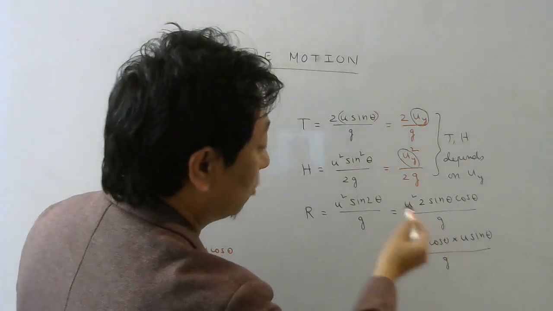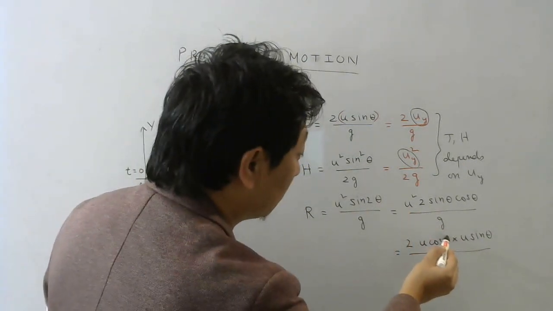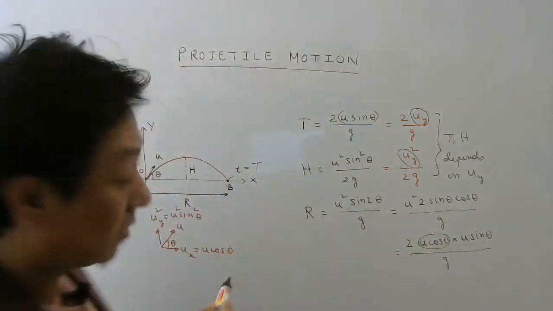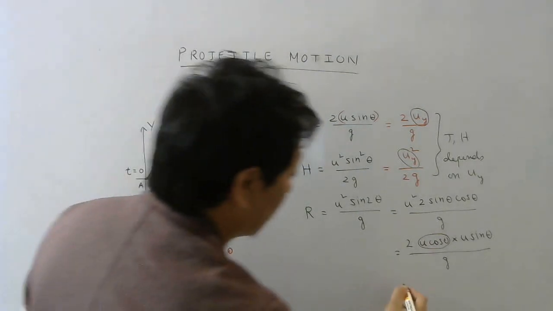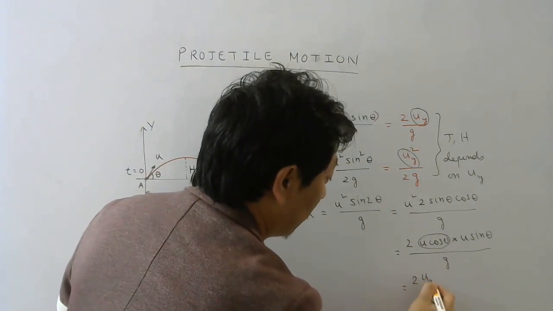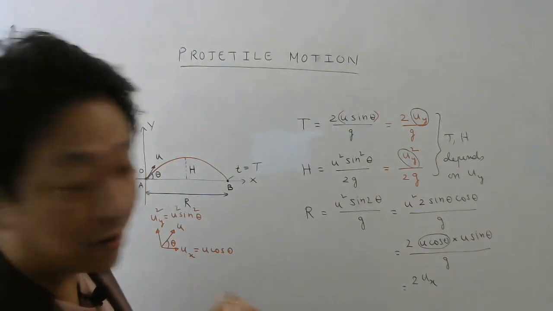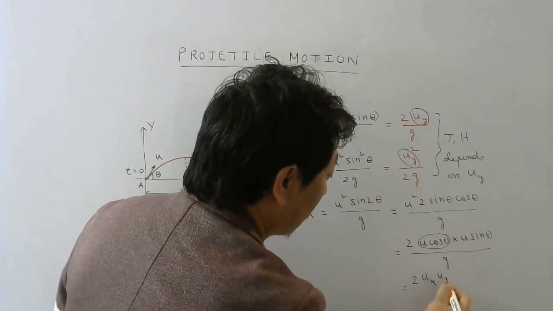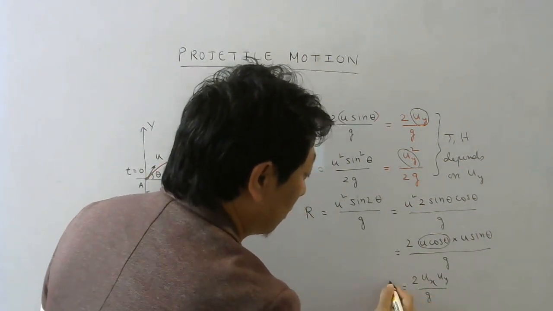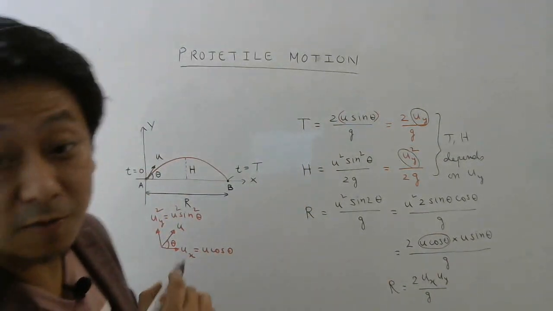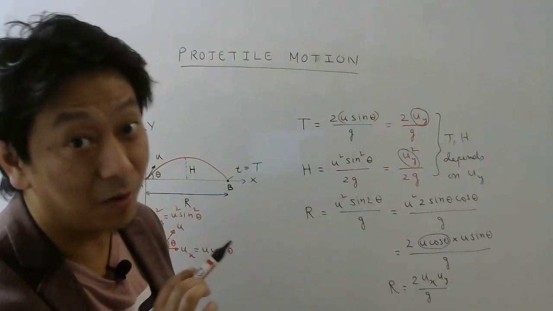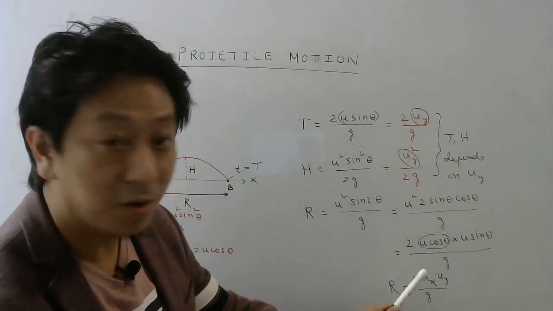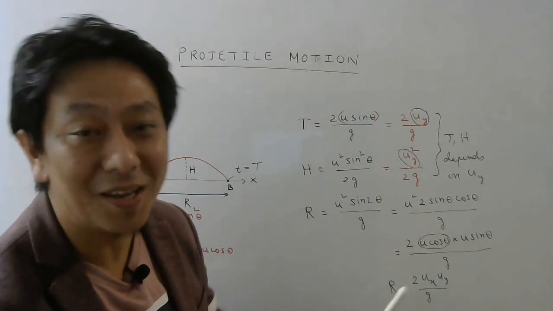So u into u would be u square. Now in place of this u cos theta I can write ux, and in place of u sine theta I can write uy. So the range can be written in terms of components of initial velocity. How? 2 ux uy divided by g.